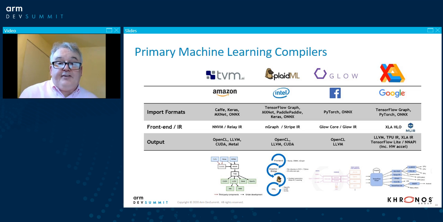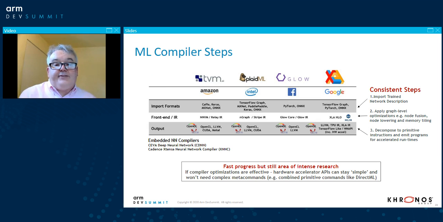And speaking of inferencing, there's a lot of active research across the industry into enabling machine learning compilers to harness inferencing acceleration, with many companies developing their own machine learning compilation stacks. So for example, Amazon with TVM, Facebook with Glow, and Google with XLA. Now, things may look complex here, but all these compiler stacks follow a similar pattern.